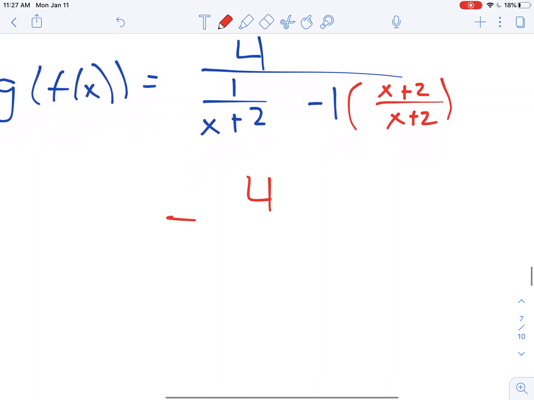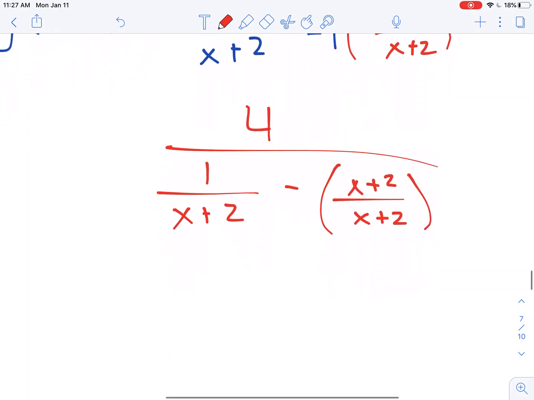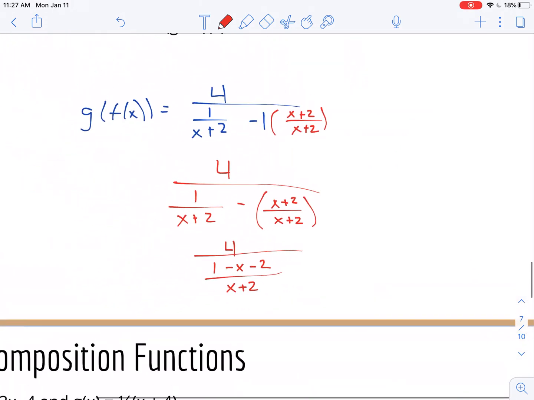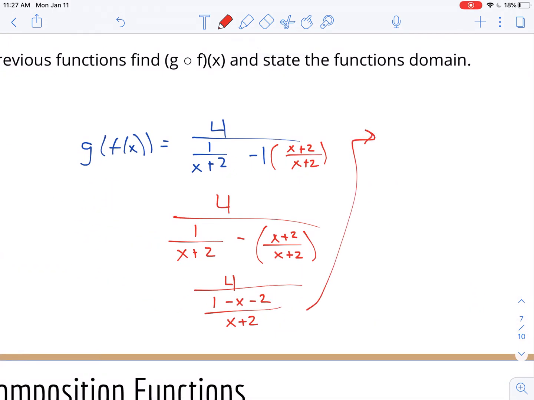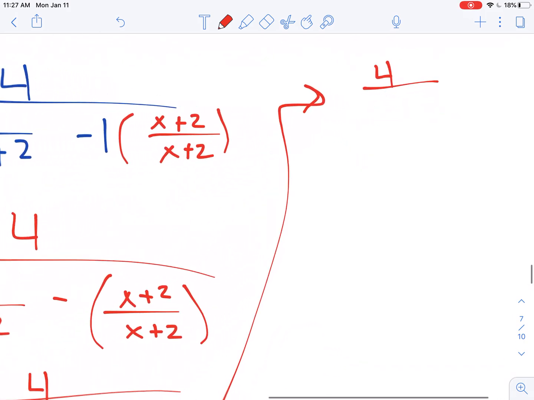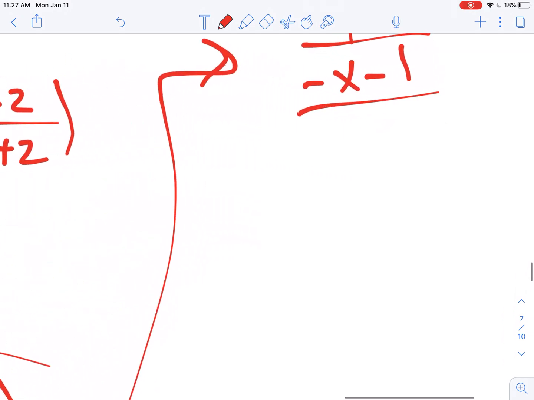So now I've got 4 over 1 over x plus 2 minus x plus 2 over x plus 2. So this is 4 over 1 minus x minus 2 over x plus 2, which is equal to 4 over negative x minus 1 over x plus 2.